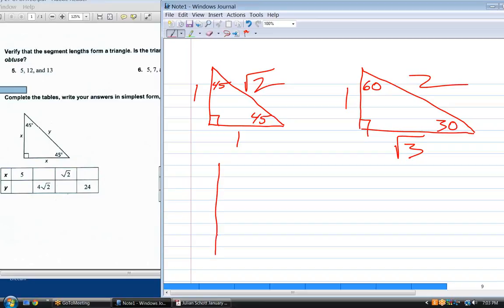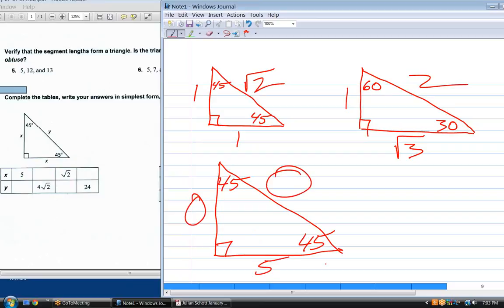Remember that if I have a similar triangle, got the same 3 angles, well, if this side is 5, what's this side and what's this side? The other side is 5. And then would that just be square root of 25? No, it's 5 root 2.